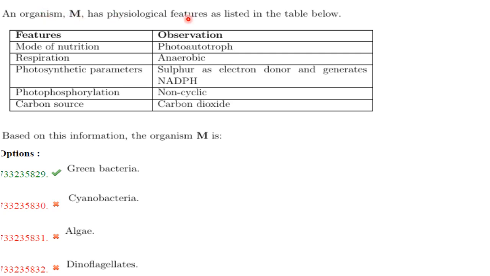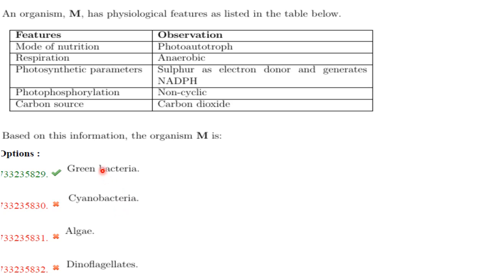An organism M has physiological features as listed in the table below. Mode of nutrition: photoautotrophic; respiration: anaerobic; photosynthetic parameters: sulfur as electron donor and generates NADPH; photophosphorylation: non-cyclic; and carbon source is carbon dioxide. So from the options we can see that algae and cyanobacteria both are aerobic.